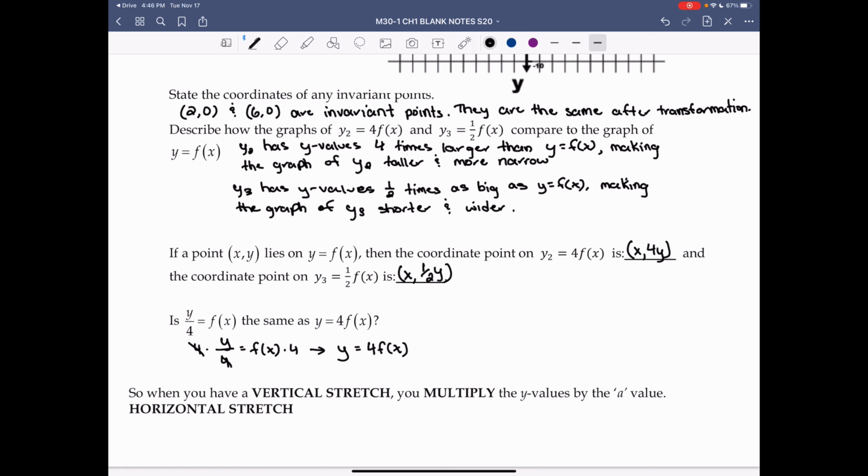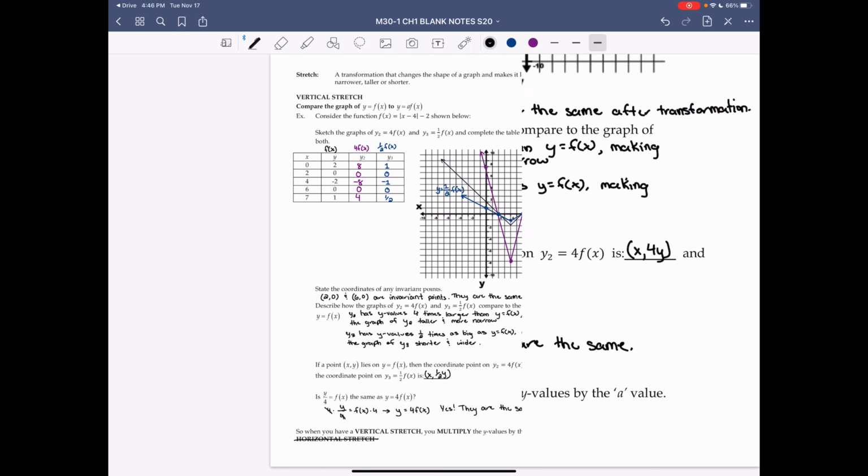So yes, they are the same. So when you have a vertical stretch, you multiply the y values by the a value.